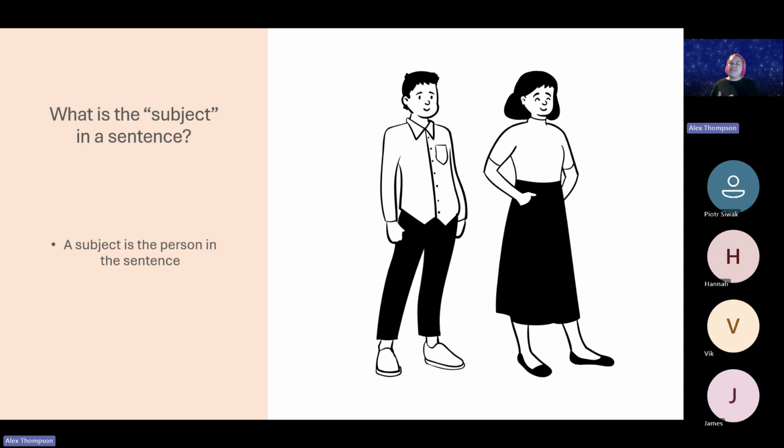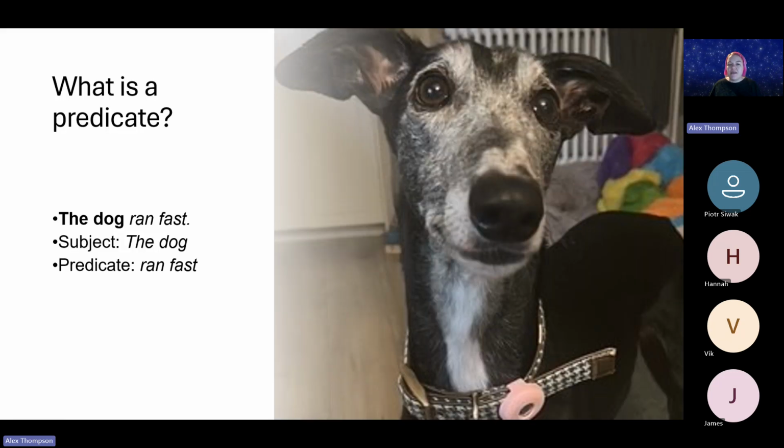A lot of these English terms I consider to be either fancy or complex names for something that's in reality quite straightforward. So if we have the subject, the focus of our sentence, they need to do something. And that is basically what a predicate is.